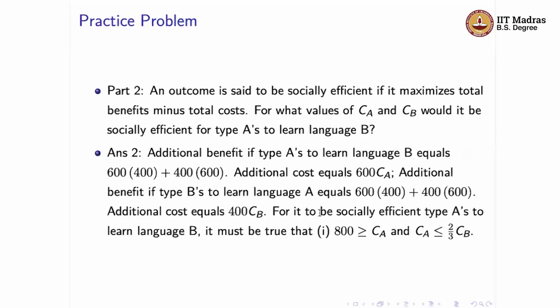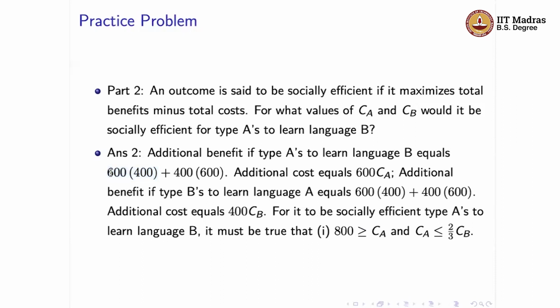Okay, so let's look at it. Now, what is the benefit if type A's were to learn language B? The benefit is going to come from being able to speak with more people. From type A's perspective, each of the 600 is going to be able to speak to 400 other people, right?